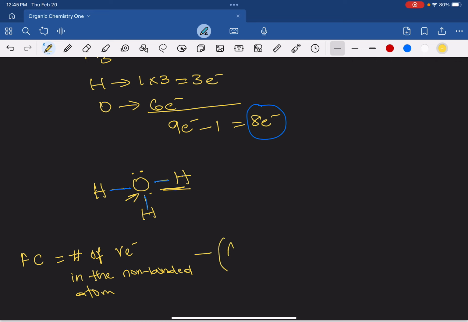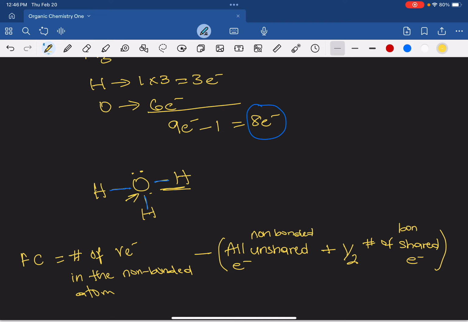Minus all unshared electrons, and this is clearly for the atom in question, right? So in our case, it's oxygen. Minus half times the number of shared electrons. Don't forget that unshared is also the same thing as non-bonded electrons, right? And shared is the same as bonded electrons.